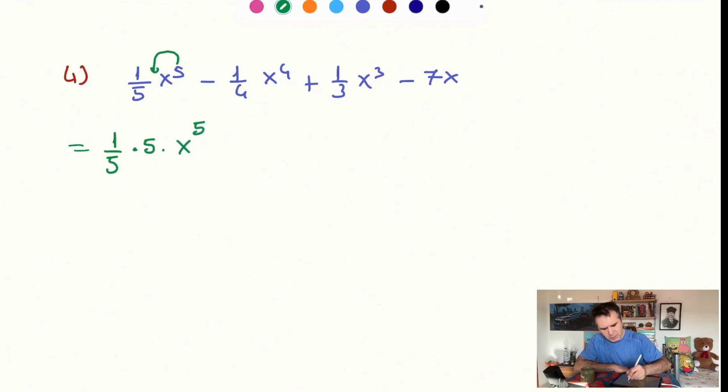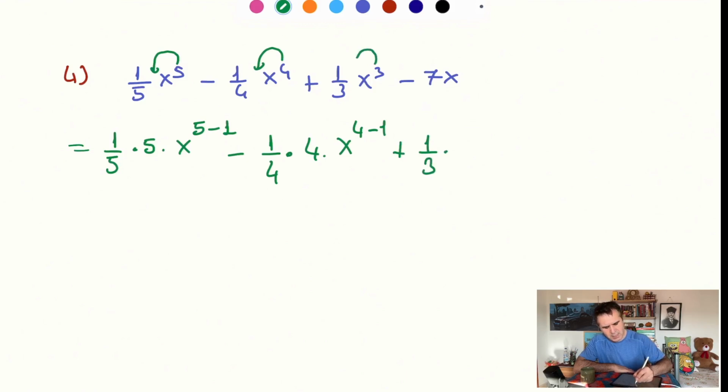Then we will subtract 1 from the exponent. And then we will write the constant 1 over 4. Then the exponent will come here as coefficient, 4 times. And then we will subtract 1 from the exponent. Again, we will write the constant 1 over 3 here.